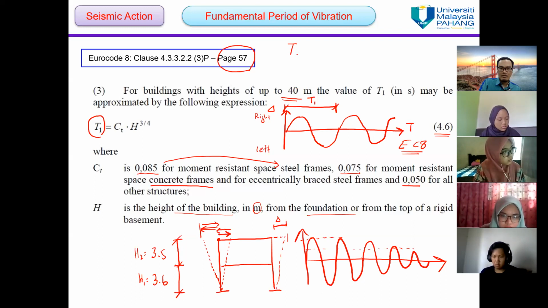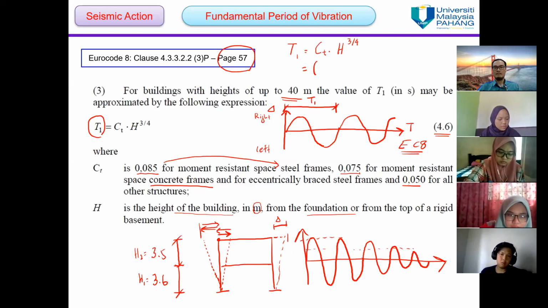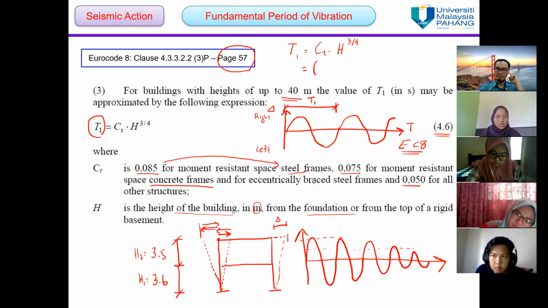So T1 is equal to CT times total H to the power of 3 over 4. What is the value of CT for this case? 0.085. Okay, 0.085 is for steel frames, but I want the concrete frame.